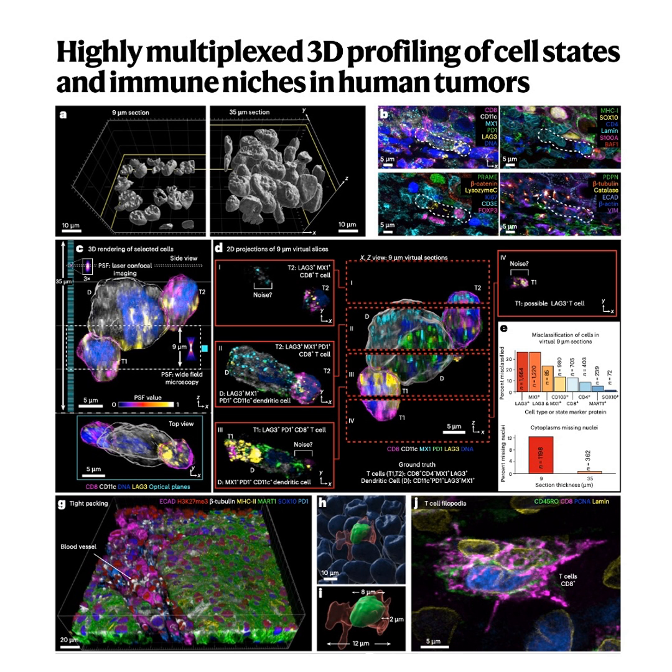Okay, so let's try to synthesize this. What does this all mean? We've gone through the flaws of 2D and the solution of 3D CyCIF, the new biology it reveals, and the detailed mapping of interactions. What's the big picture takeaway? The big picture is that 3D CyCIF and similar high-plex 3D imaging methods are incredibly powerful tools.